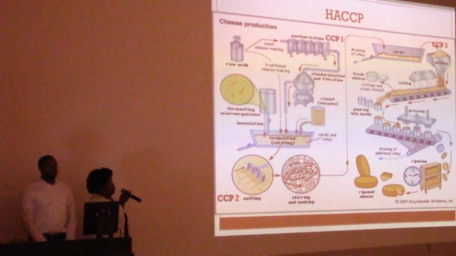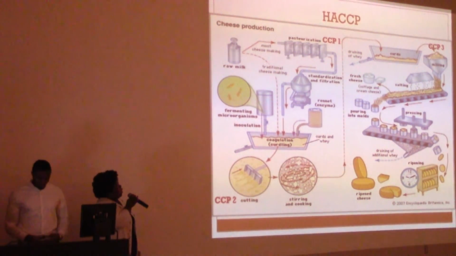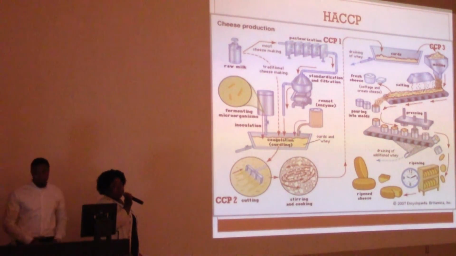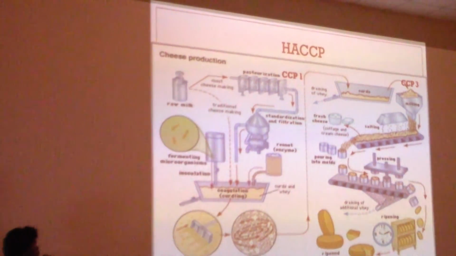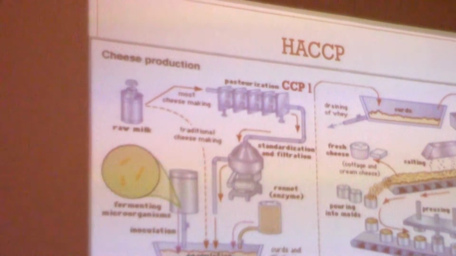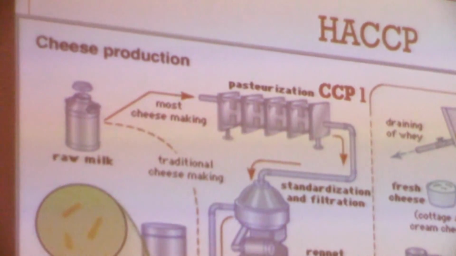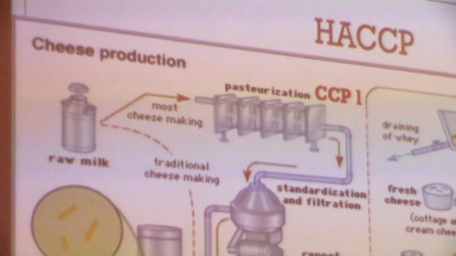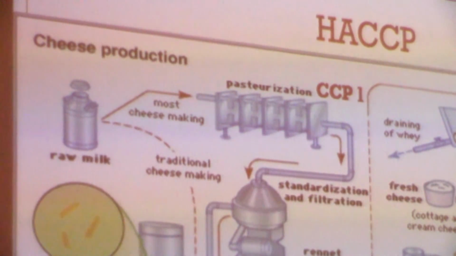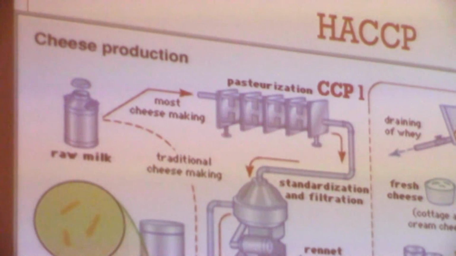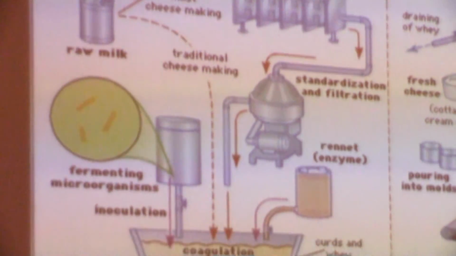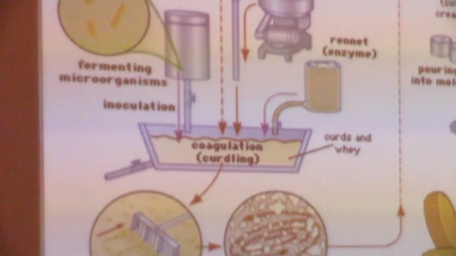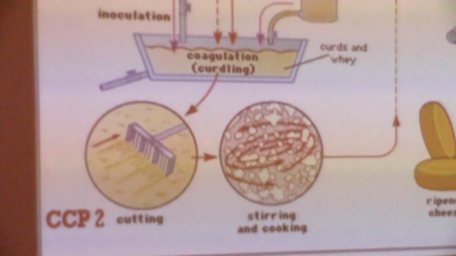Some of the critical control points in our processing: the first one is in the pasteurization. We have to make sure that we heat the milk to the specific temperature for the amount of time so it can kill any microbes that might be present. The second CCP is in the cutting. We have to make sure that none of the cutting material ends up in the final product.